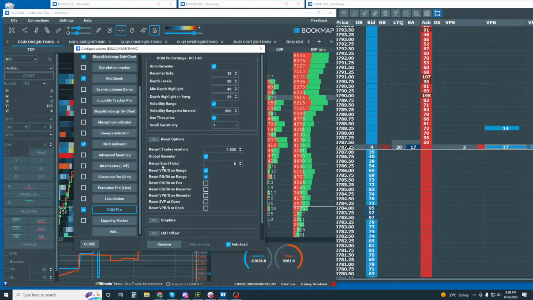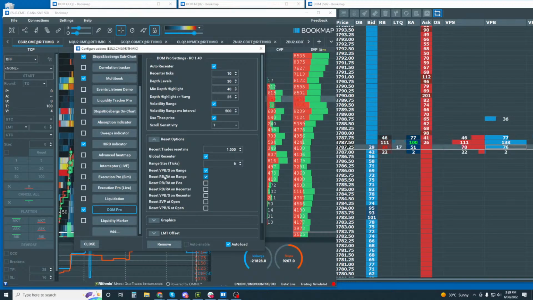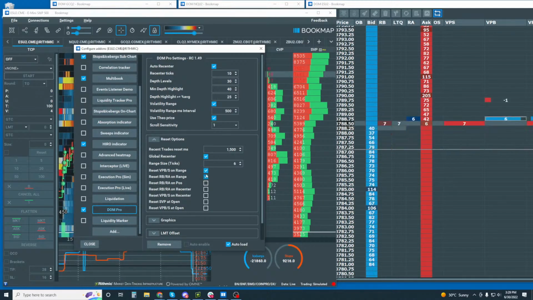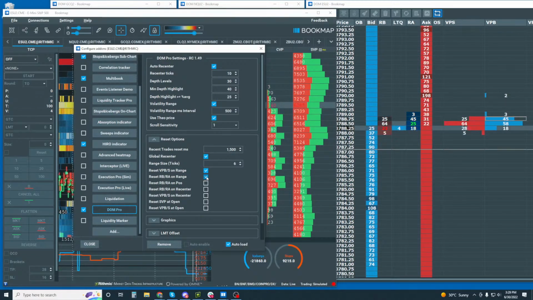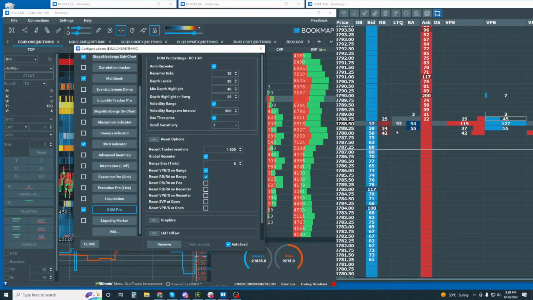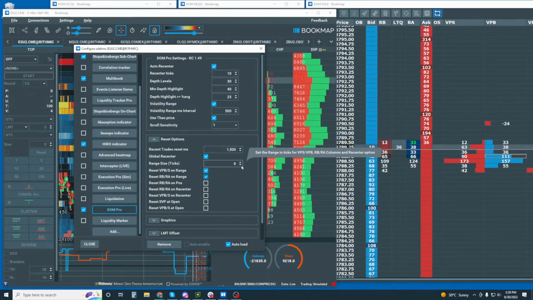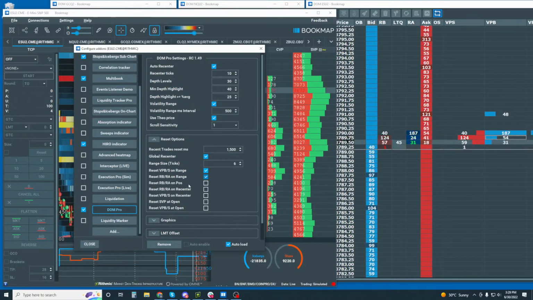These two relate to range, size, and ticks, and the reset range in here is for both of these columns, and one or the other depends. You can do both or just one, and it's up to you. But if you want more resets, you have that option in here, based on the tick size.